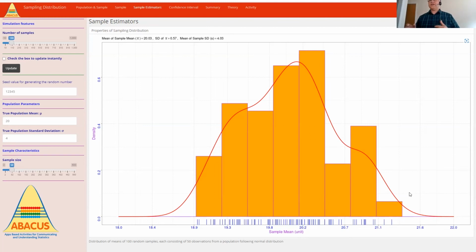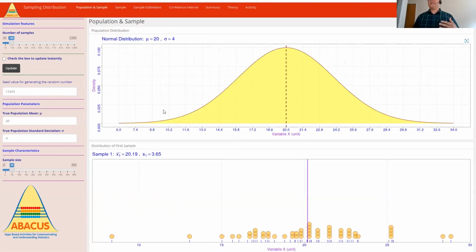It's actually quite a nice property, also called the central limit theorem: if you have a large sample and you repeat that sampling an infinite number of times, the distribution of the sample mean will follow a normal distribution. And it's true whatever the distribution of your original sample. It's not necessary that the original population be normally distributed.